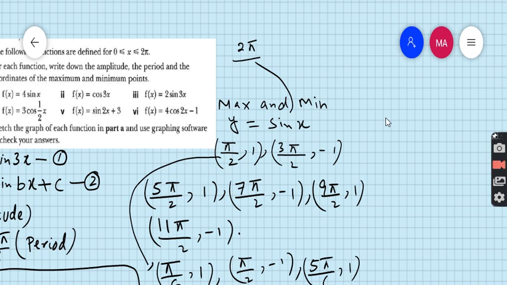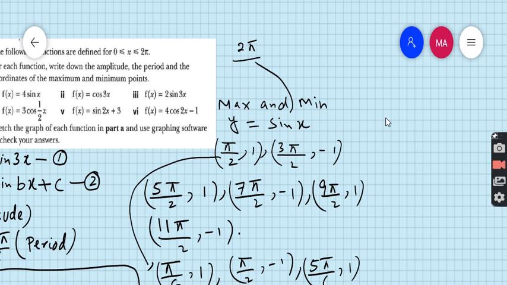So at what angles can you achieve the values of 1 and minus 1? If you put pi by 2 in your calculator, you will get 1. If you put 3 pi by 2 in your calculator, you will get minus 1.